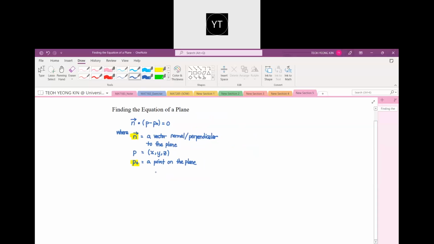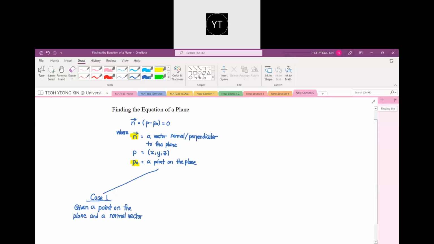In our studies, we'll look at different cases. For case number one, the first scenario, which is the easiest, we are given a point on the plane and a normal or perpendicular vector.